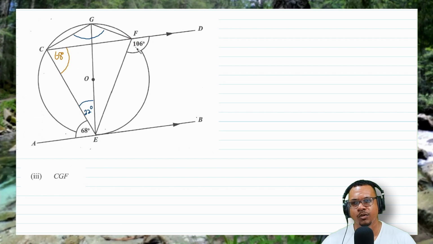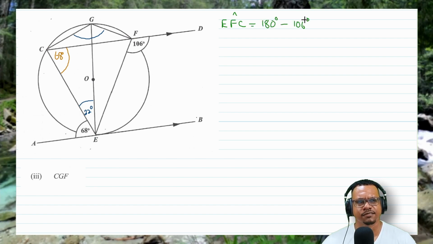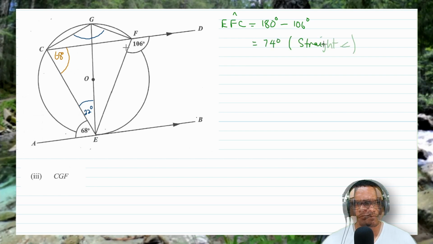So 180 take away 106 will give us this little piece of angle here. So this angle is E to F to C. Right, so angle EFC is equal to 180 take away 106, which is equal to 74 degrees. And my reason for that is a straight angle. All right, so here's 74 degrees.